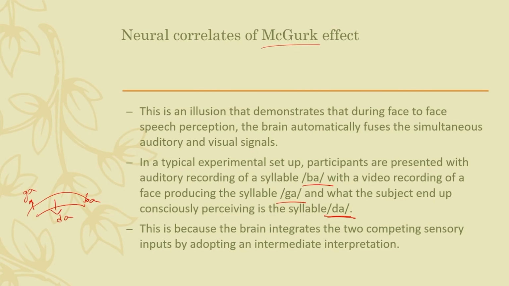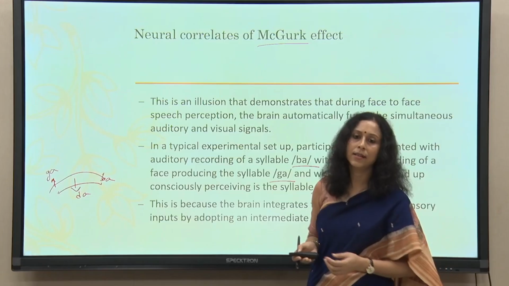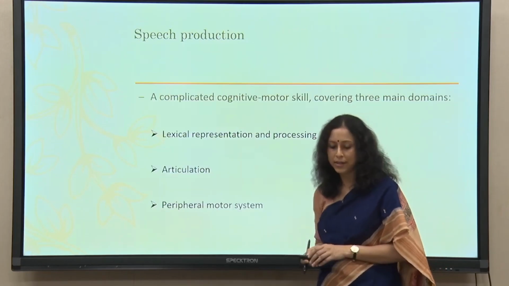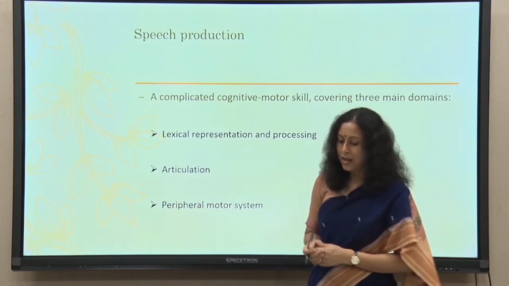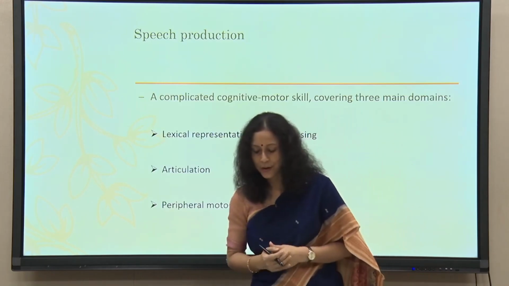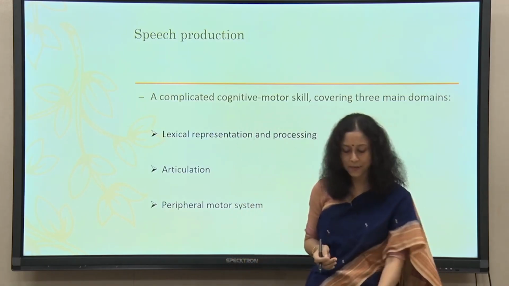It fuses both signals together. The brain integrates the two competing sensory inputs and adopts an intermediate position. The brain is a fascinating organ, probably the most fascinating of all organs.